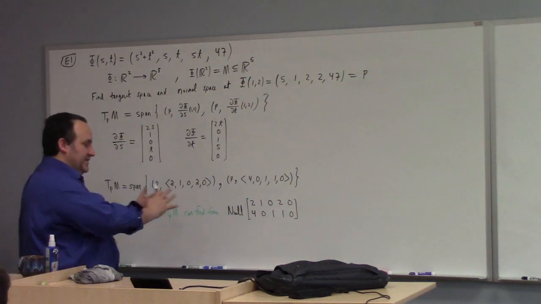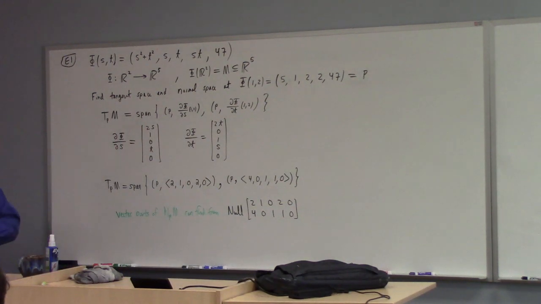If we find the null space of that matrix, that gives us the vector directions needed for the normal. What's the dimension of the normal space?